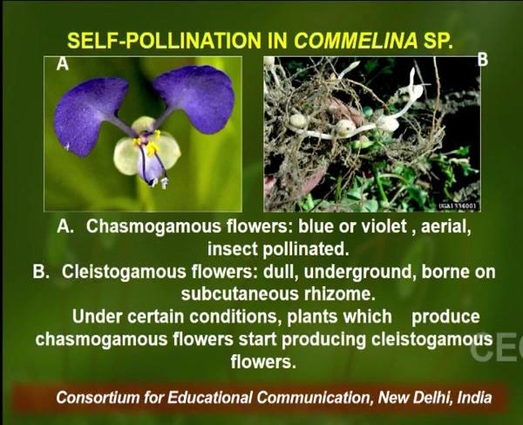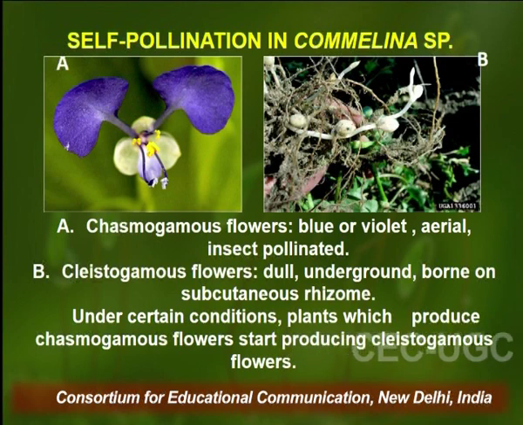On the left-hand side there are nice blue, violet, bright flowers which can be seen in figure A. These are chasmogamous flowers which open to expose their sex organs, and these blue flowers are pollinated by insects. The same plant lower down has these dull flowers which you can see in figure B. These flowers are underground and they are borne on a subcutaneous rhizome.